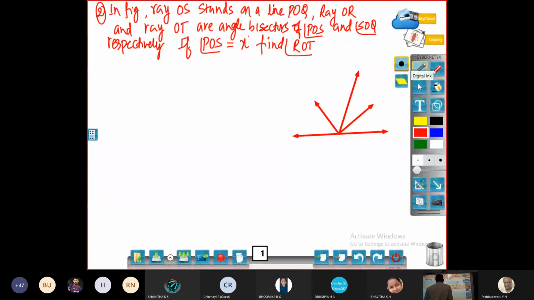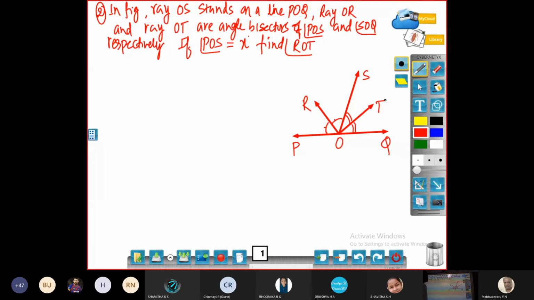So here, this angle will be equal to this angle, and these two angles are equal, because OR and OT are the bisectors.